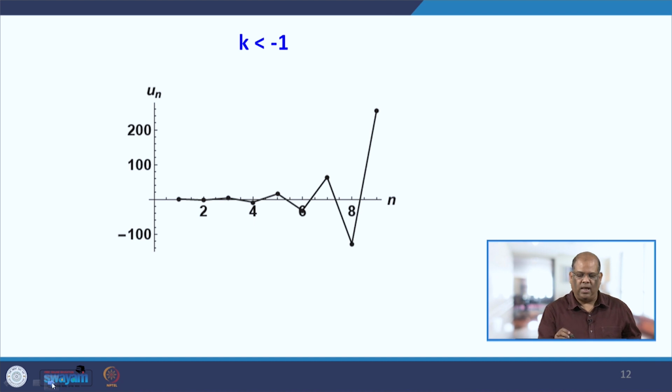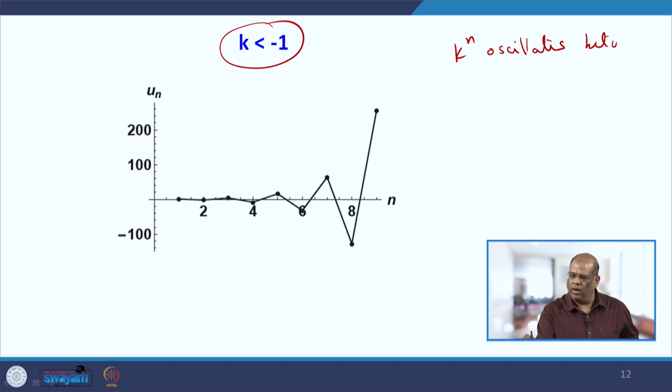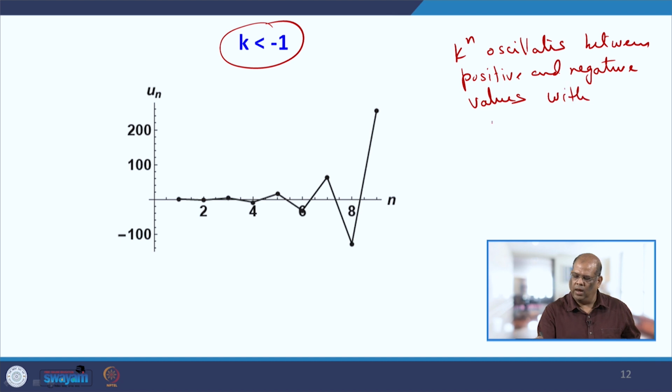If k is less than -1, then you can see again it oscillates between the negative and positive value, but with increasing n the magnitude increases. So, in this case k to the power n oscillates between positive and negative values with increasing magnitude.